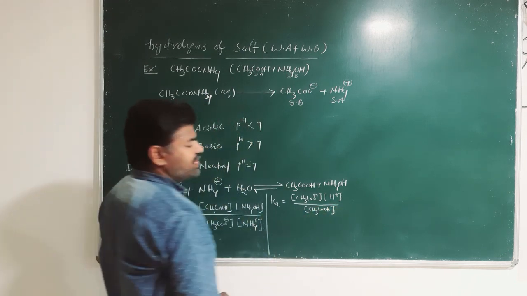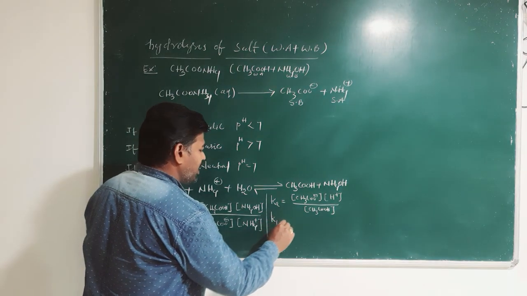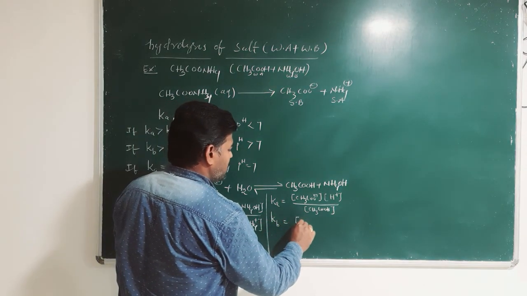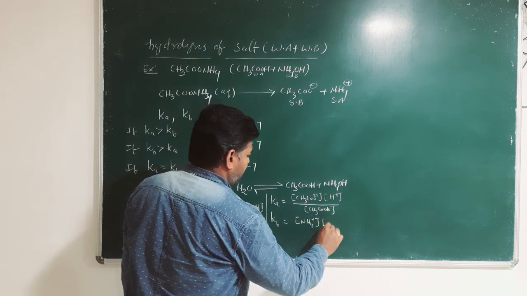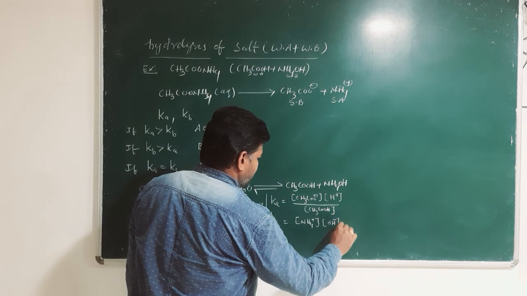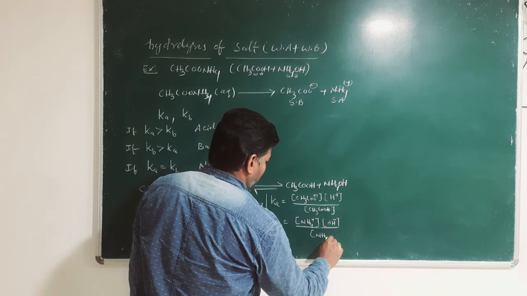And the base dissociation constant Kb is given by the concentration of NH4 plus into the concentration of OH minus, divided by the concentration of NH4OH.